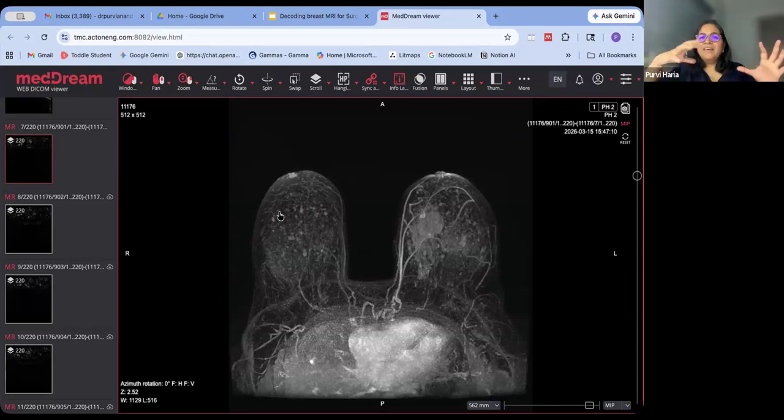But when I see the entire breast filled with lots of those foci of enhancement, I probably won't do anything. Now this is the CC view of your left breast, and you see that one lesion. And there is significant background parenchymal enhancement in the rest of the breast parenchyma.